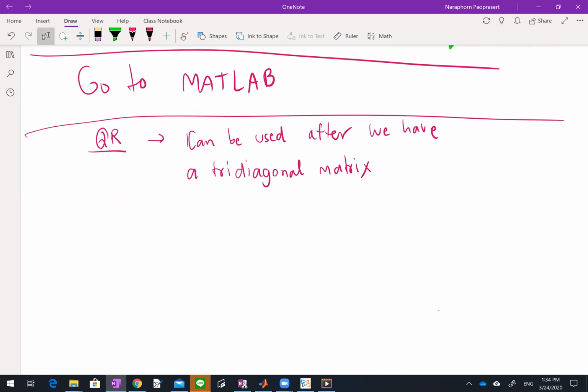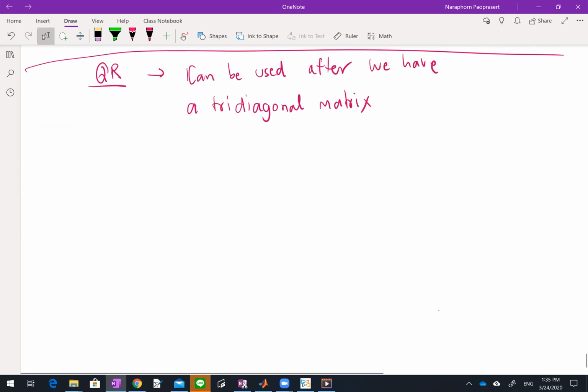There are many methods that can be used to get a tridiagonal matrix, but I'm just going to talk about one topic, which is the Householder. And now let's just go to the QR. So after Householder, we have a matrix that looks like that.